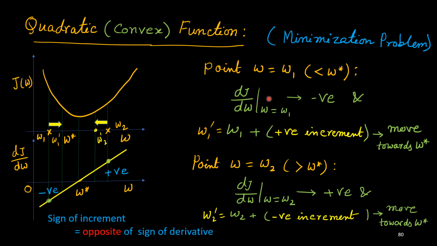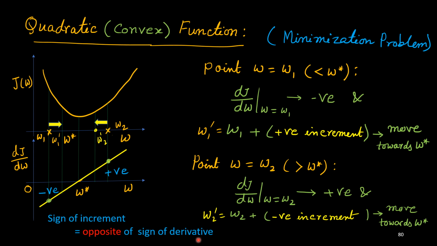When the derivative was negative at w1, the increment was positive. And at w2, when the derivative is positive, the increment should be negative. So from this we can conclude that the sign of the increment should be opposite of the sign of the derivative.